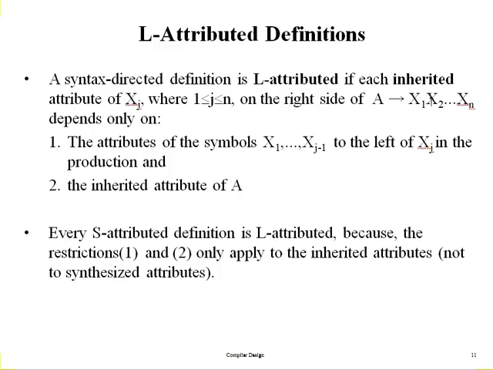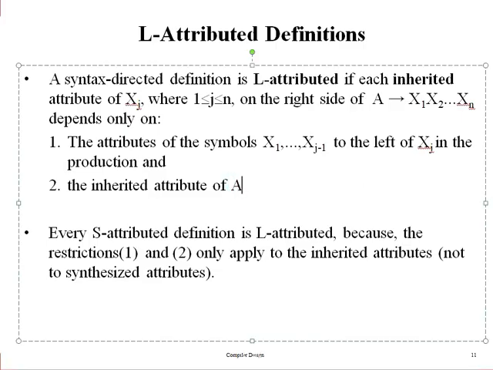The inherited attribute depends only on, first, the attributes of the symbols X1 up to Xj minus 1, to the left of Xj in the production rule, and second, the inherited attribute of A.